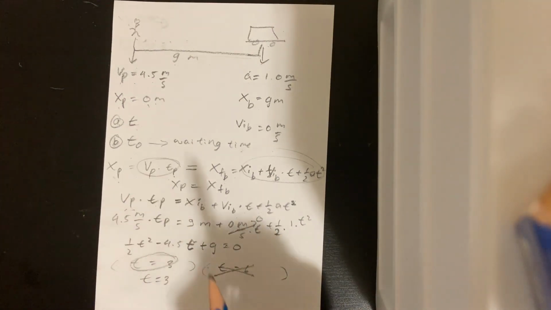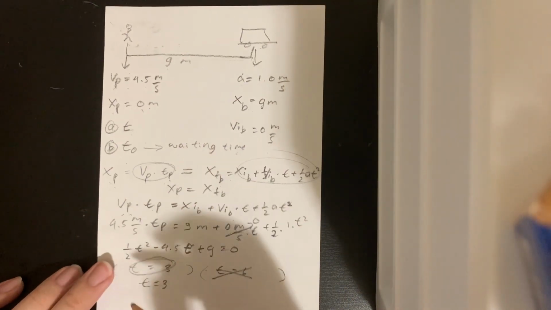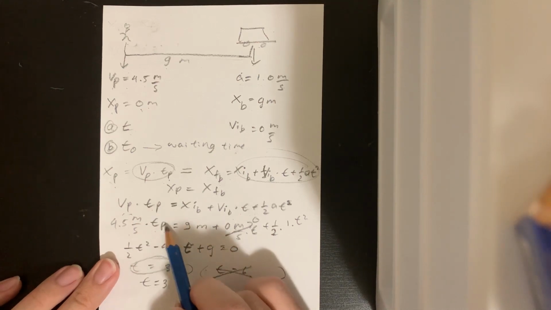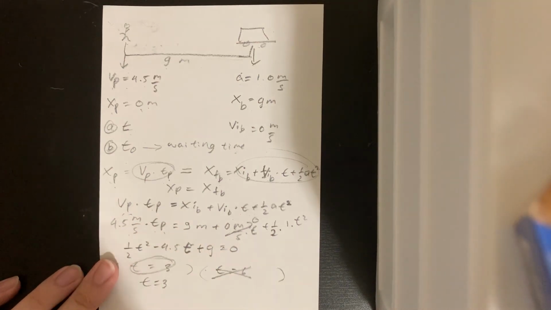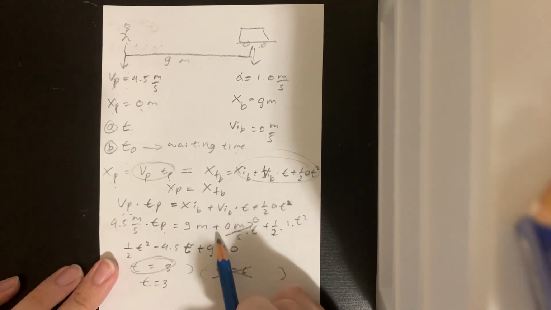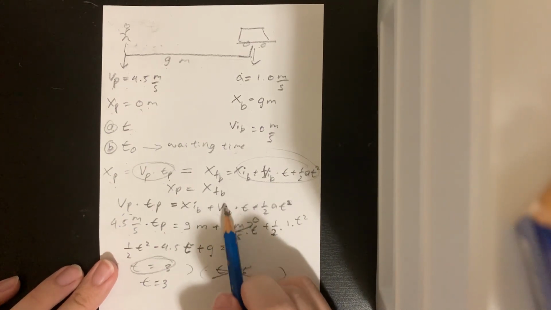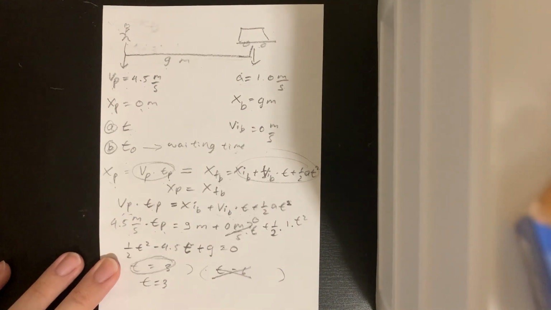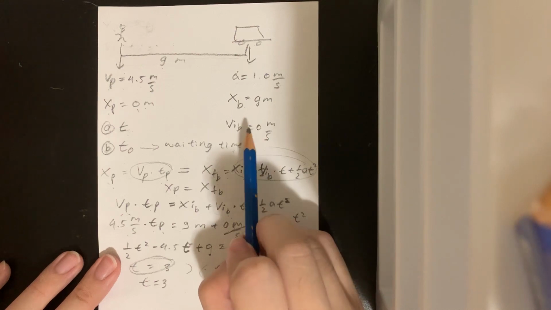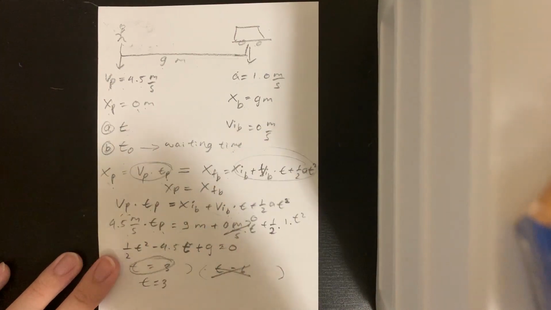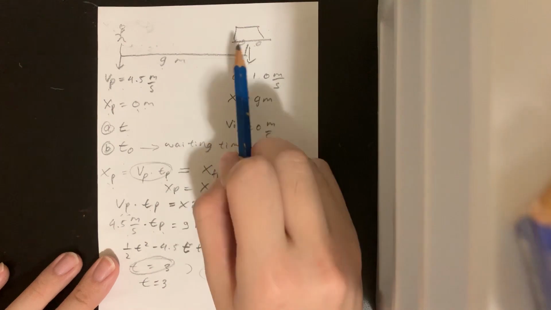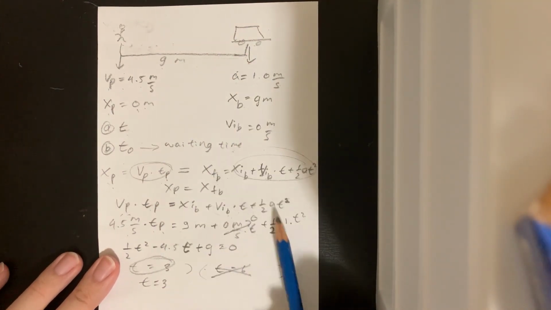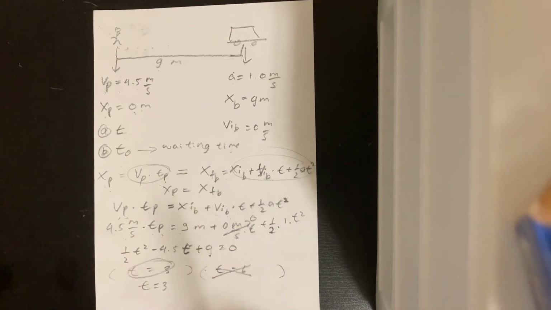Now we can plug in all the information we have. 4.5 meters per second times t, which is what we're looking for, equals 9 meters plus the initial velocity times t. The initial velocity is also not stated in the question, but we know it is 0 meters per second. Why is it 0? Because the bus is not moving yet. So 0 meters per second times t plus 1/2 times the acceleration, which is 1, times t squared.